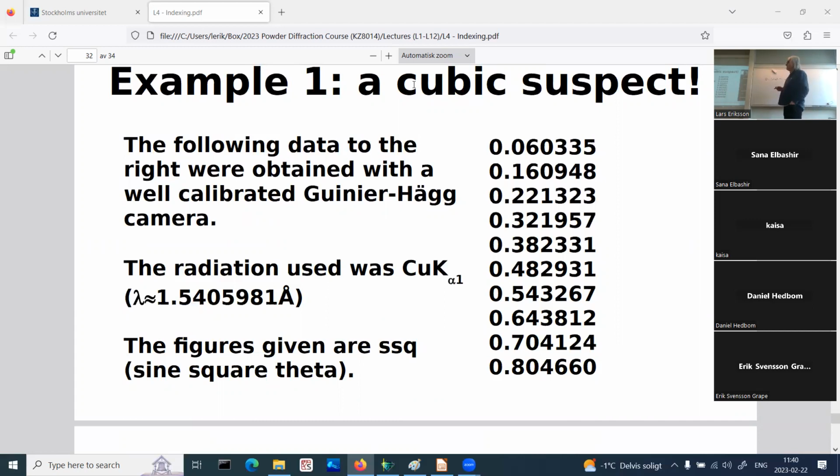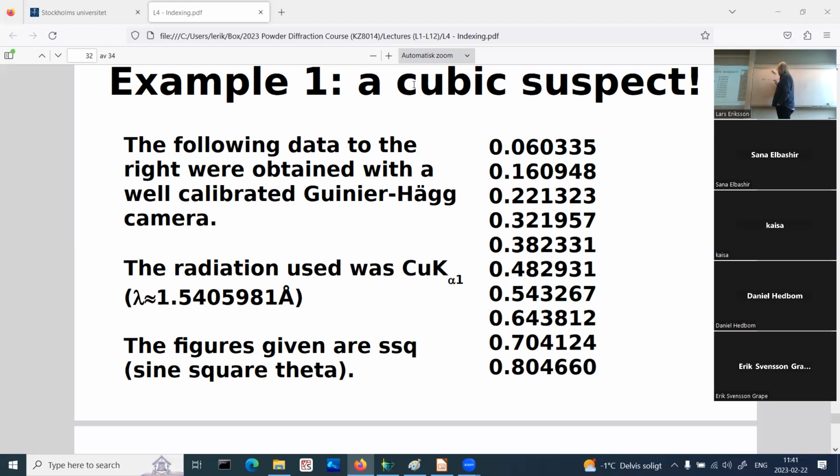Oh, sorry, this is sine squared theta. What do we know?